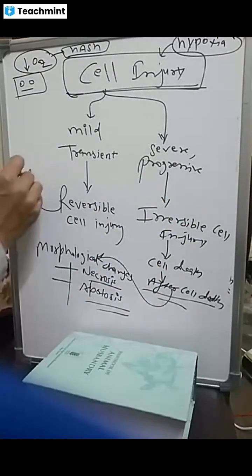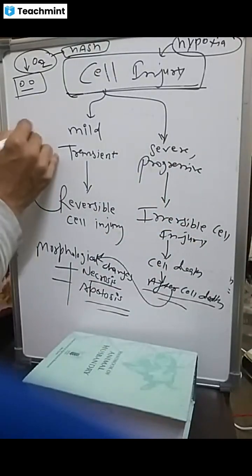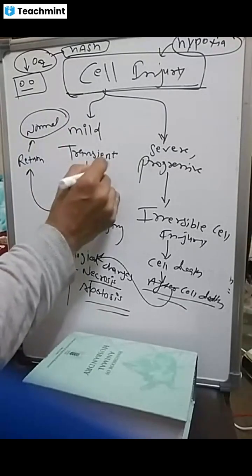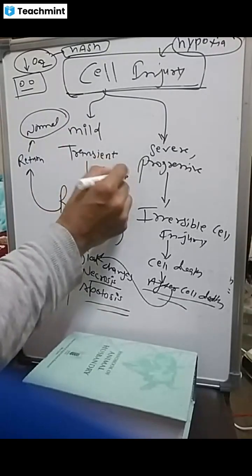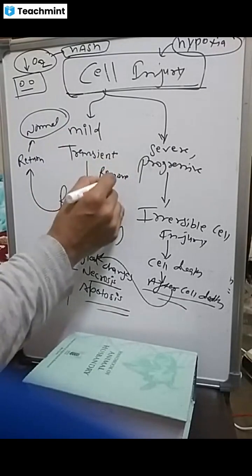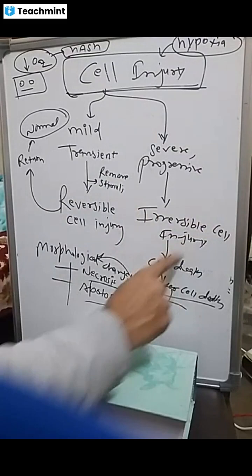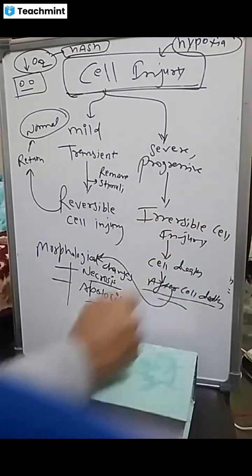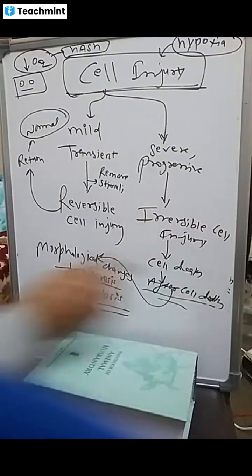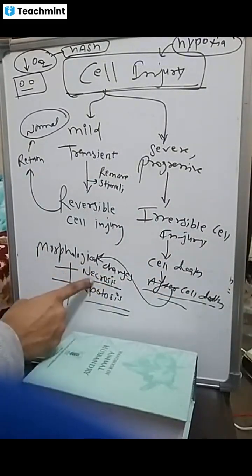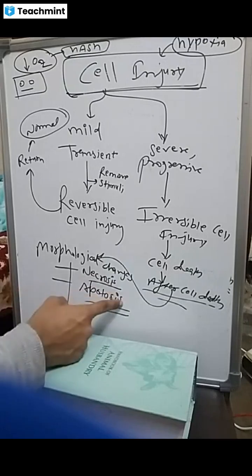This reversible injury may return back towards normal, if you remove the cause. But for the irreversible cell, after 12 hours of the cell death, morphological changes appear, and they may be necrosis and apoptosis.